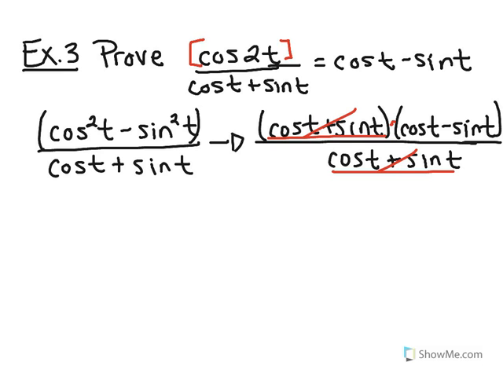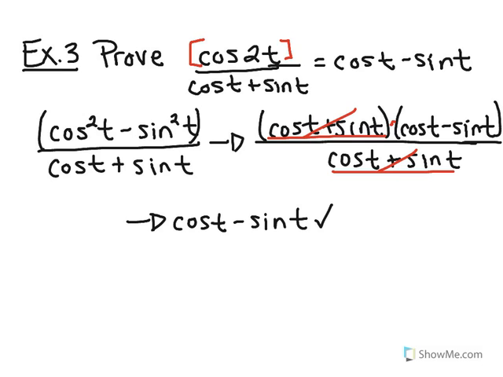So it is okay to cancel out those two expressions, as long as they're the exact same. So my final answer is cosine of t minus sine t. And that does look like the right-hand side of my proof, and therefore I am done. That was my proof.